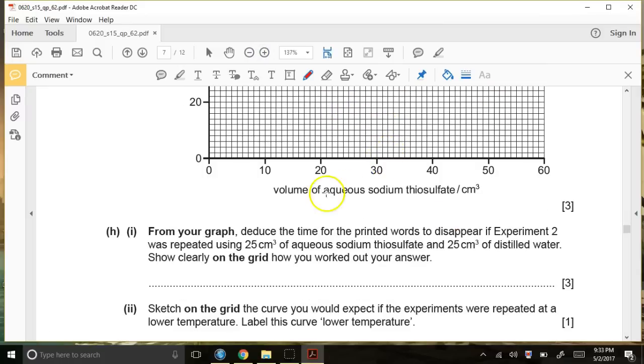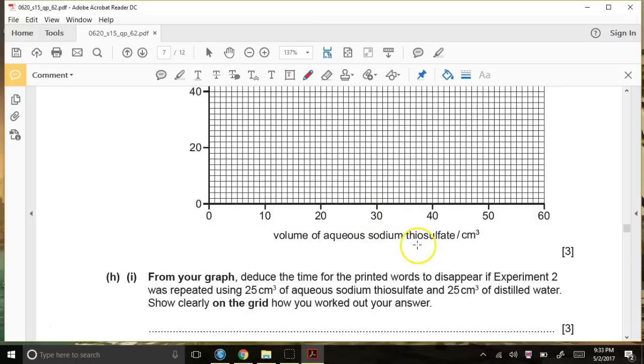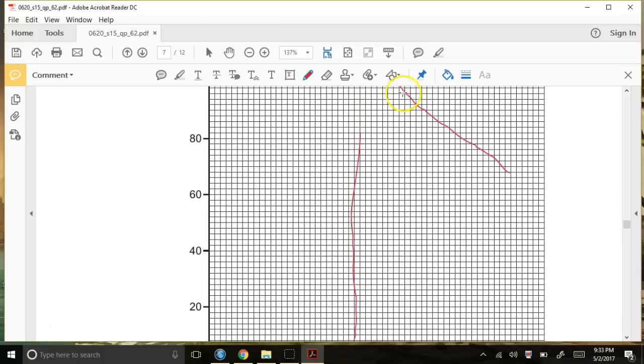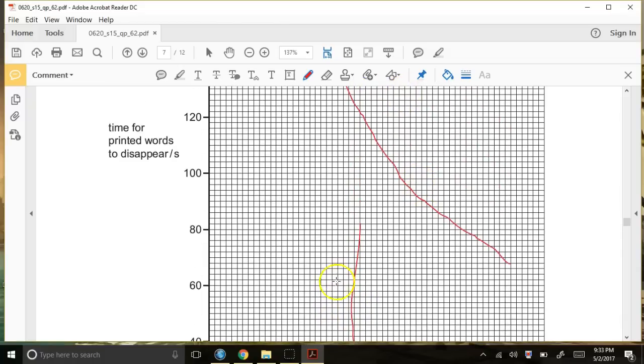H1, this question says, from your graph, deduce the time for the printed words to disappear if experiment 2 was repeated using 25 of thiosulfate. Well, 25 means that's somewhere here. So basically what you do is you take a line from here all the way, you stretch that line there, and of course you're going to use a scale.